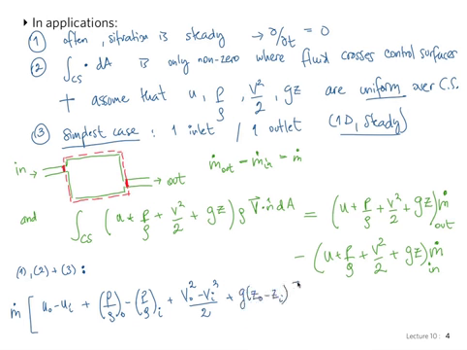Little h is equal to u plus p over rho, and this is very useful in several situations, especially compressible flows. And so we write the energy equation. Now we are going to have enthalpy, velocity, and elevation.